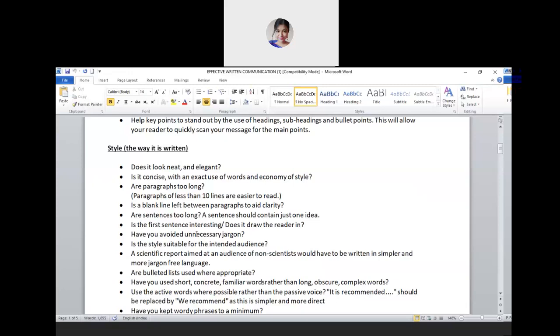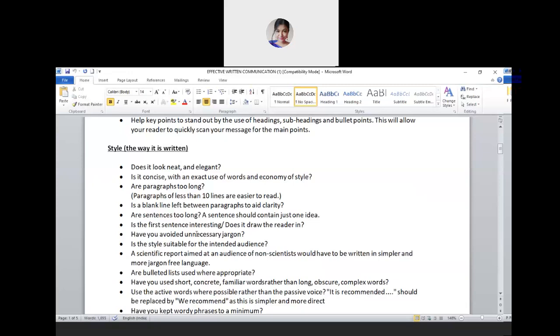So do not use any short forms. Do not use any kind of short forms, because the reader won't be able to understand, especially in the case of professional communication and formal communication. Whenever you're communicating with someone in a professional or formal setting, you're supposed to avoid short forms, and you're also supposed to understand the audience to whom you're writing.